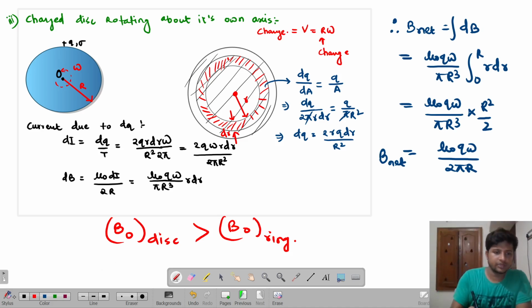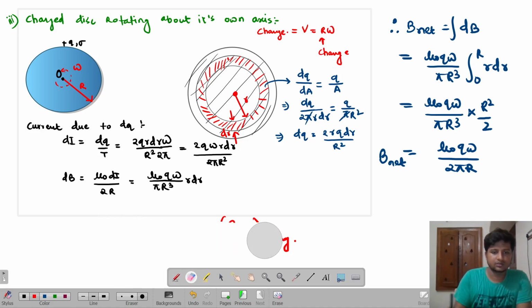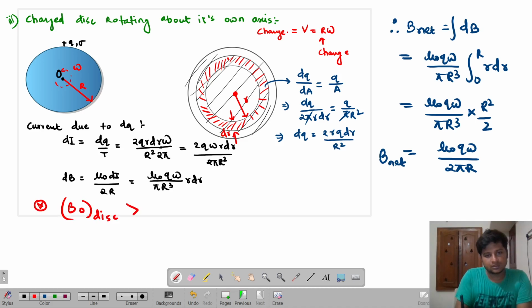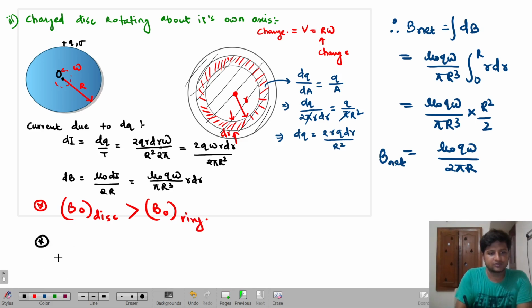So now, ultimately, one more last point. Let me erase this and write that the magnetic field at the center of the disk is more than the magnetic field at the center of the ring. The last point is that this magnetic field is expressed in two ways.